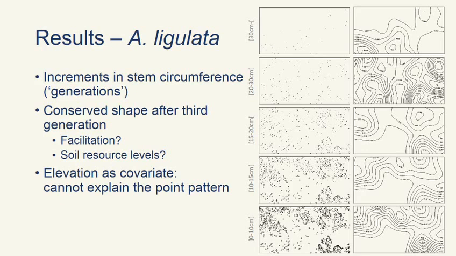It could also be where the soil resources are, but I didn't look into that. But I did see if the elevation could be considered a covariate for the point pattern, but I didn't find that to be the case.